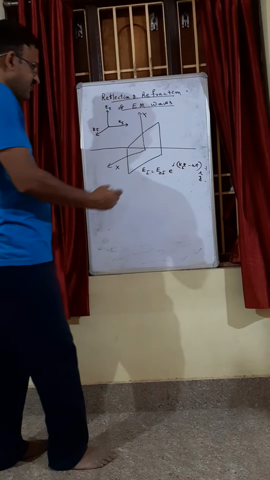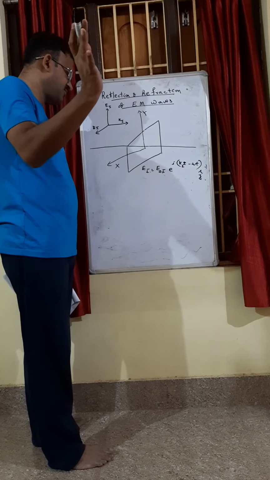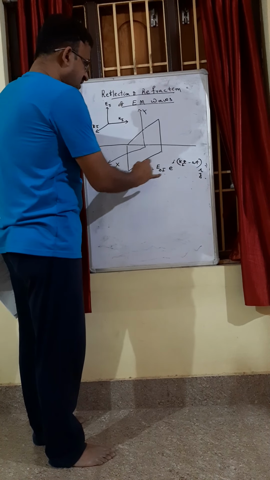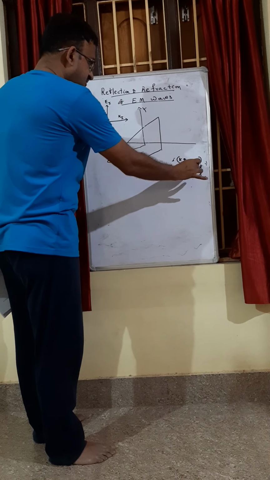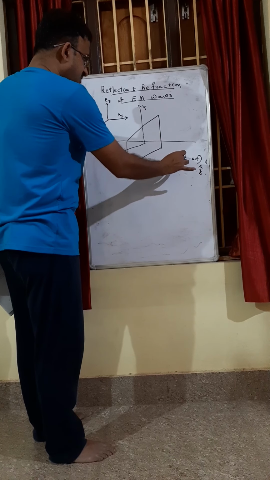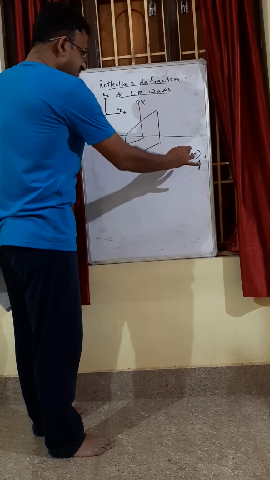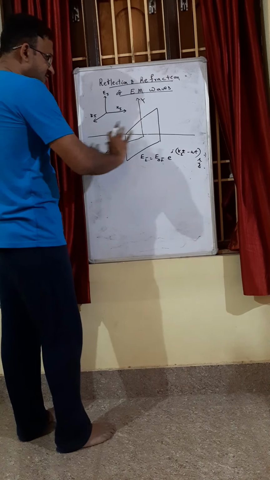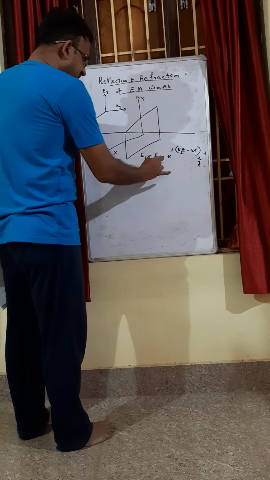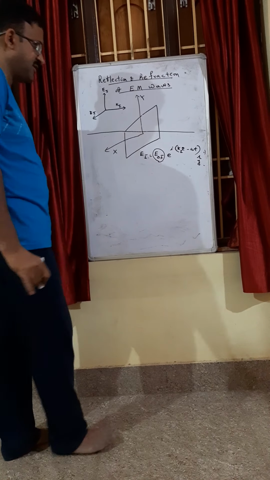So this is the wave equation. I may not elaborate much, we already know it. This electric field lies along the positive y-axis, so it has j cap, and the propagation vector has only a z component, so we have only Kz. And E naught i is the amplitude of the electric field.